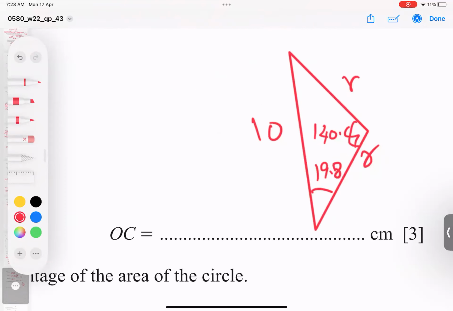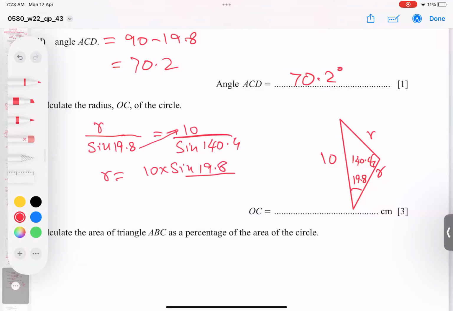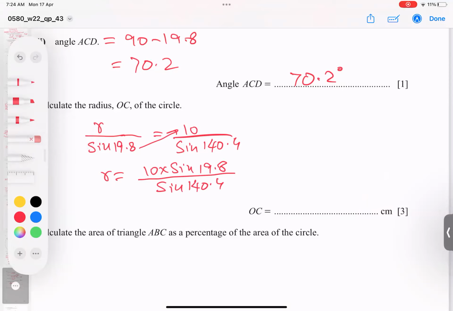You know it very well, students. So R up, sine of this angle up, and 10 up, sine of this angle down. So R over sine 19.8 equals 10 over sine 140.4. This will multiply there, so R equals 10 times sine 19.8 over sine 140.4. I think the diagram is not so clear, so I'll make it again a little bit bigger so you can understand.